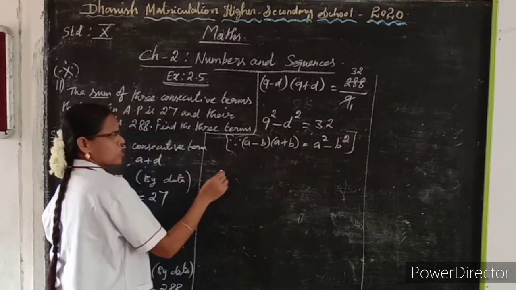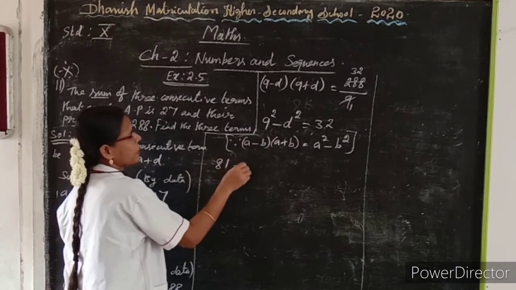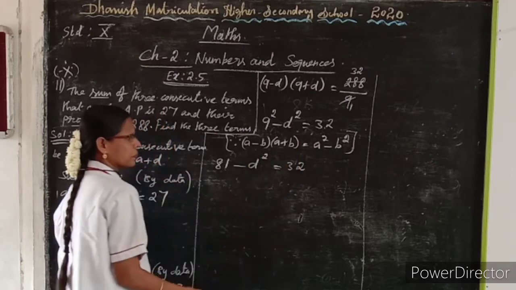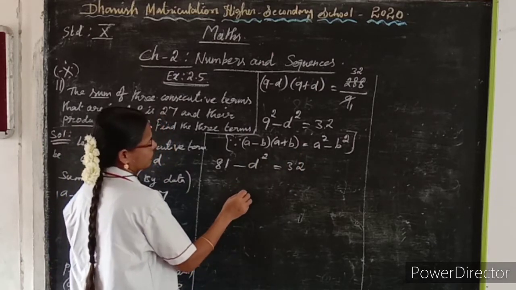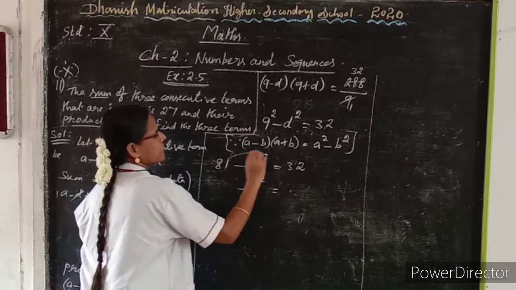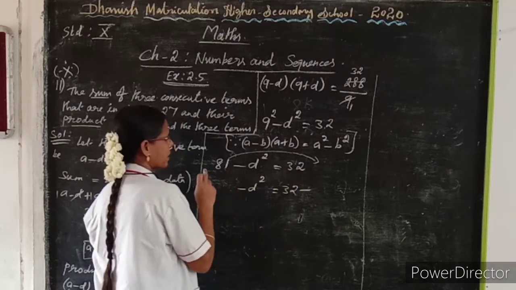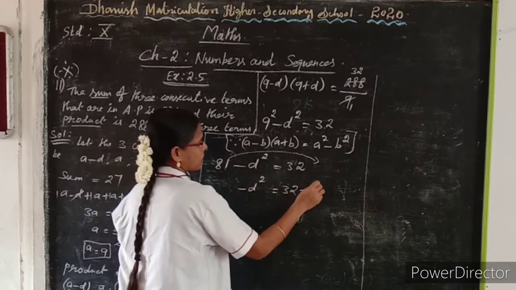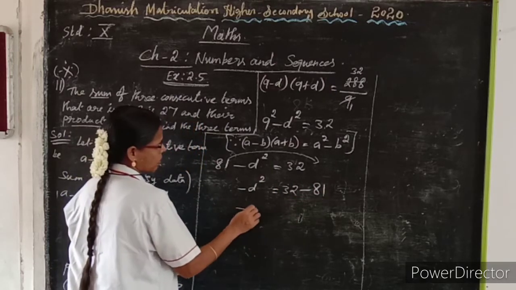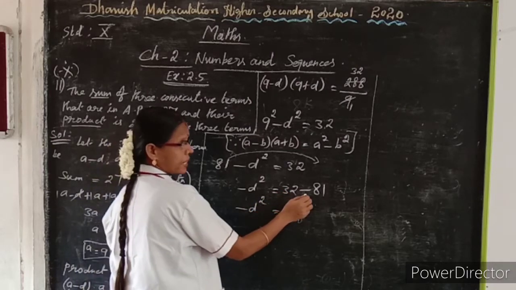So now 9 square becomes 9 nines are 81, minus d square is equal to 32. So take minus d square to this side and take this 81 to that side, 32 minus 81. So d square is equal to, this is positive, this is negative.